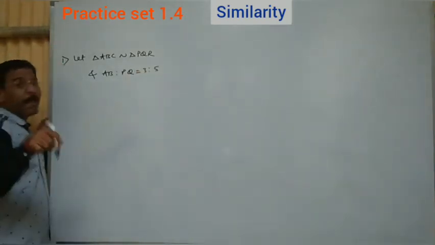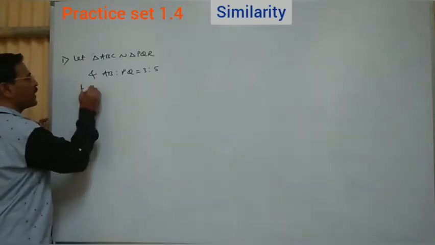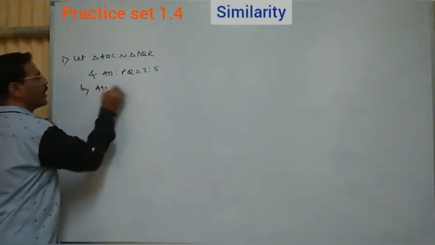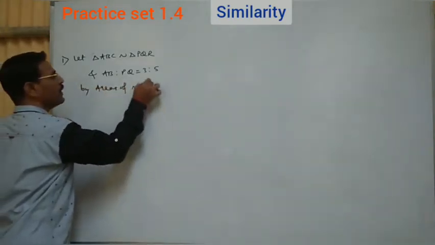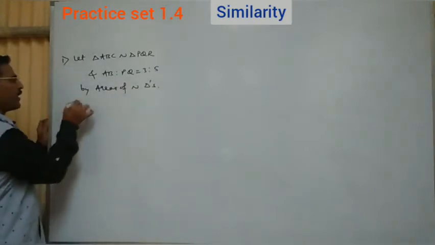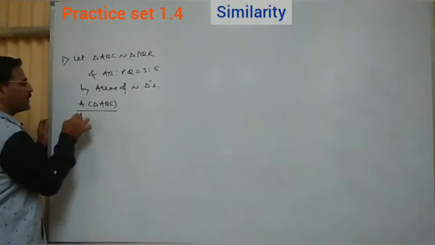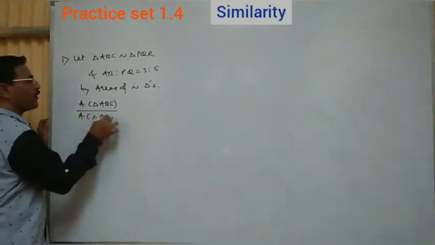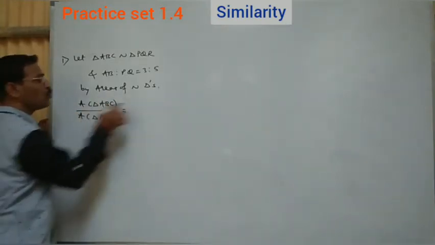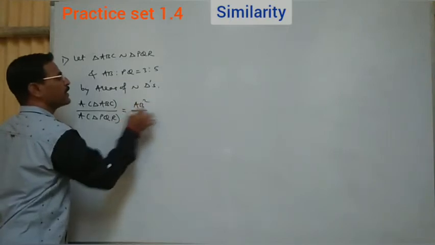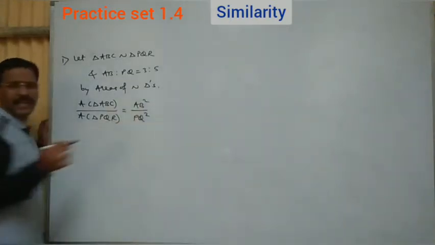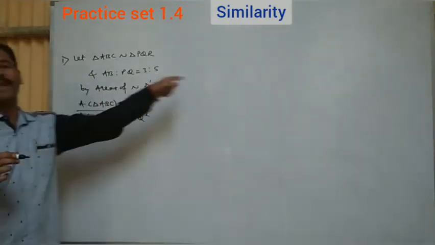So just by that property, by which property? By areas of similar triangles, we can write: area of triangle ABC upon area of triangle PQR is equal to, just write corresponding sides. You can write any sides, but we already supposed AB and PQ.